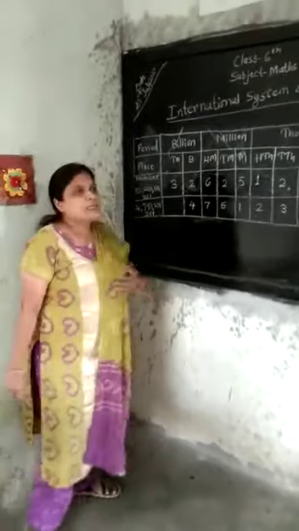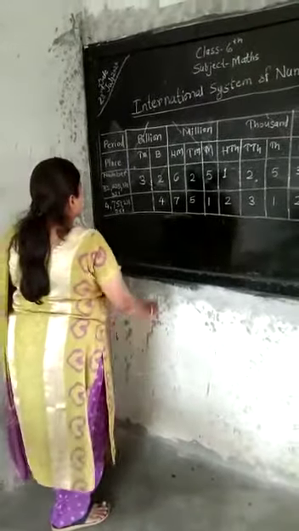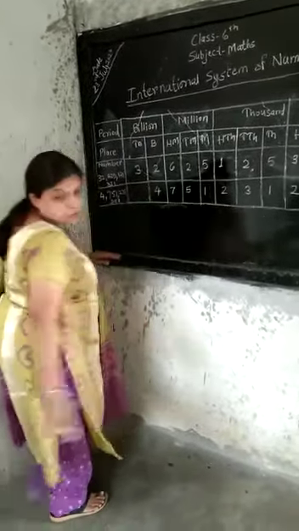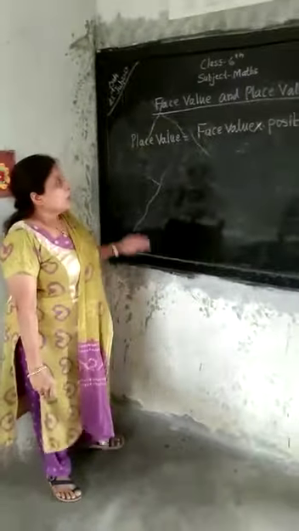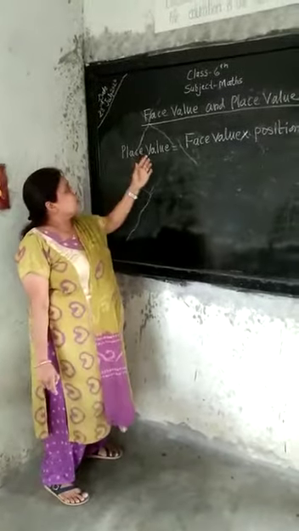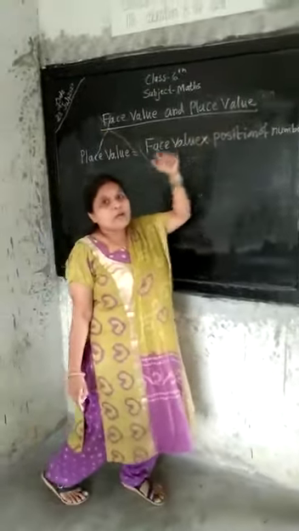Now we have to see the face value and place value. After the international system, we see the face value and place value of a number.